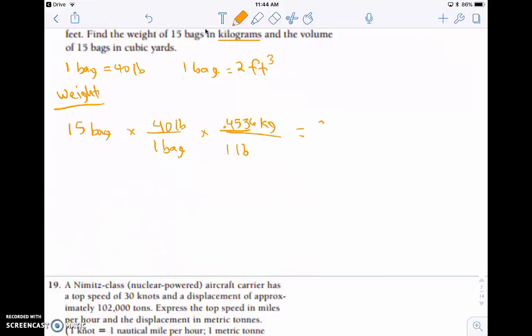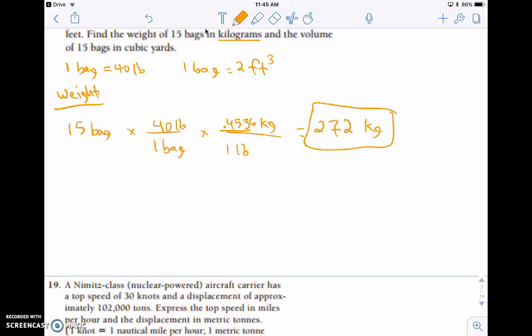And we're going to get 272 kilograms. I apologize for the little jump there in the video. So the 15 bags are going to weigh 272 kilograms. So there's our conversion there. Again, that's just multiplying the fractions across.